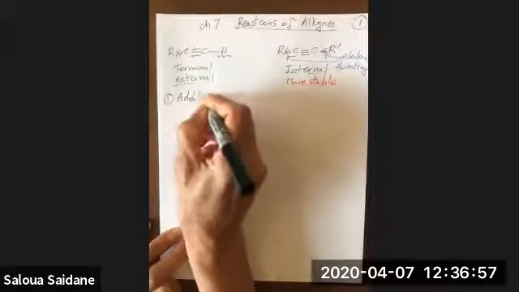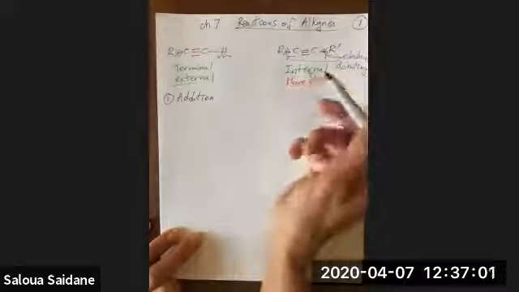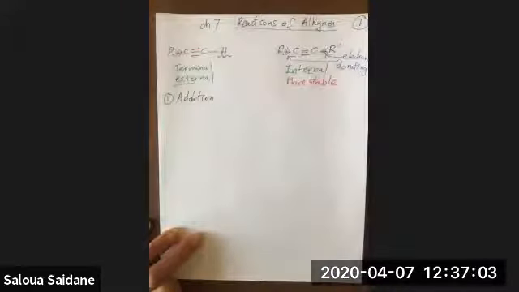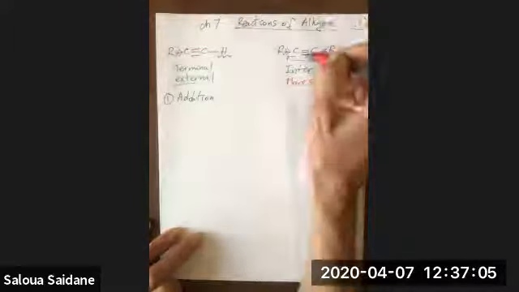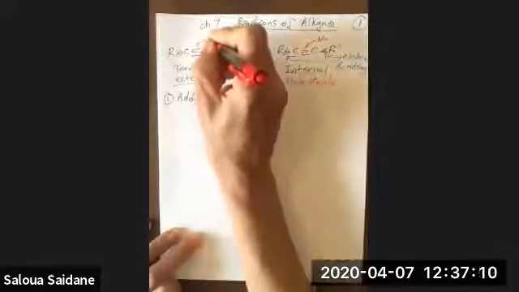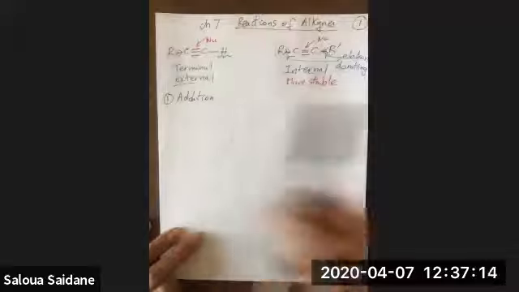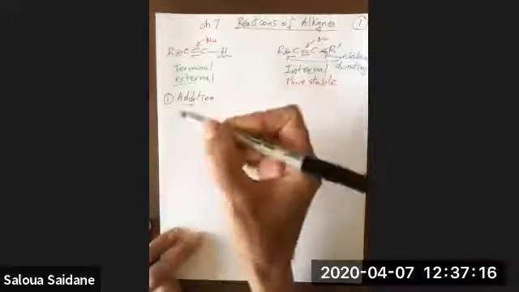By the way, they all react in addition reactions, and the additions are electrophilic. Why? Because these pi bonds are nucleophilic, okay? So it has electrons on that surface. So they have to have addition reactions.